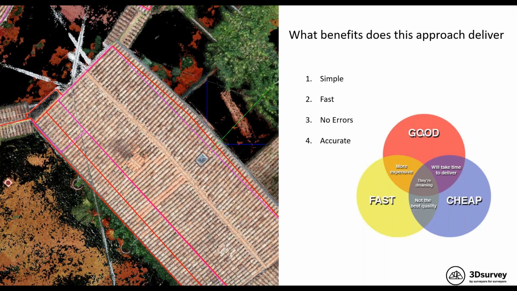But you can never have a good, fast, and cheap result. So with this technology, because it makes our work easier, this will actually be possible. We can get good results that will be fast, but because this is a new technology, it does not need to be cheap yet. So we can have some profit with it.